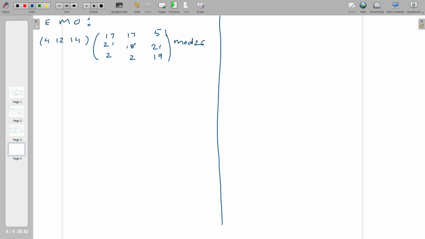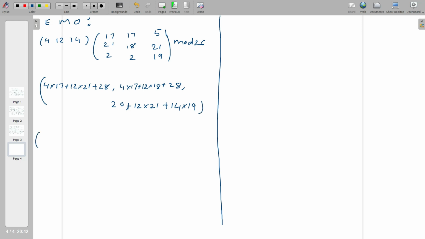So let's multiply these two matrices. It is going to be 4 into 17 plus 12 into 21 plus 14 into 2, which is 28. Similarly, 4 into 17 plus 12 into 18 plus 14 into 2, which is 28. The third one is 4 into 5, which is 20, plus 12 into 21 plus 14 into 19, and it is a mod 26 operation.